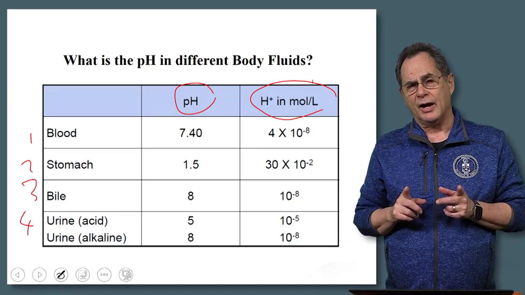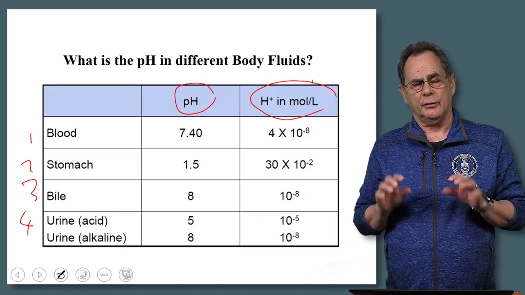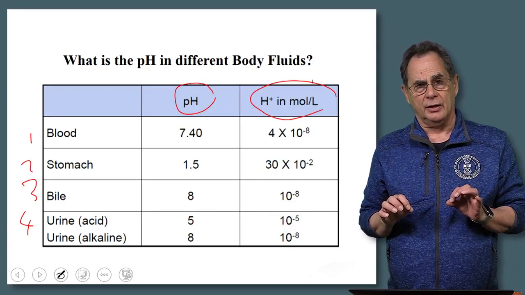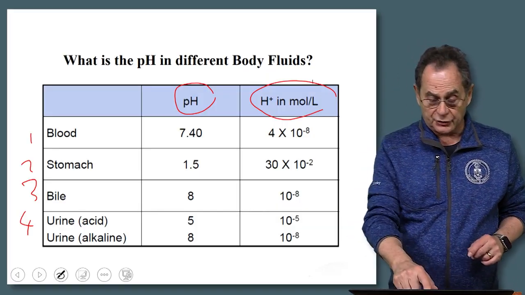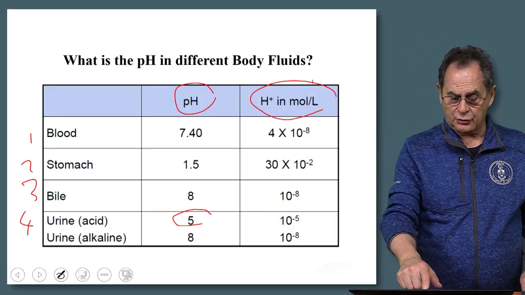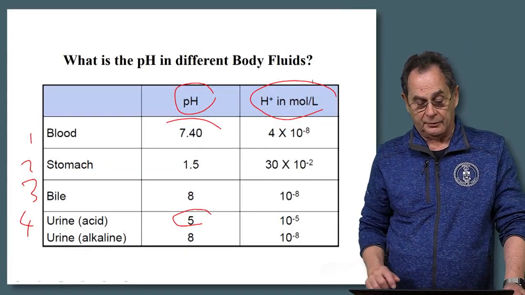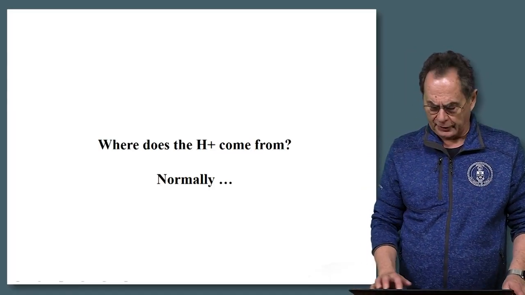And it's very rare under normal circumstances to be faced with an alkaline urine. The kidney's job is to excrete hydrogen ion and as a consequence to lower the urine pH. And you can see that this pH here is almost 1,000-fold different than the blood.